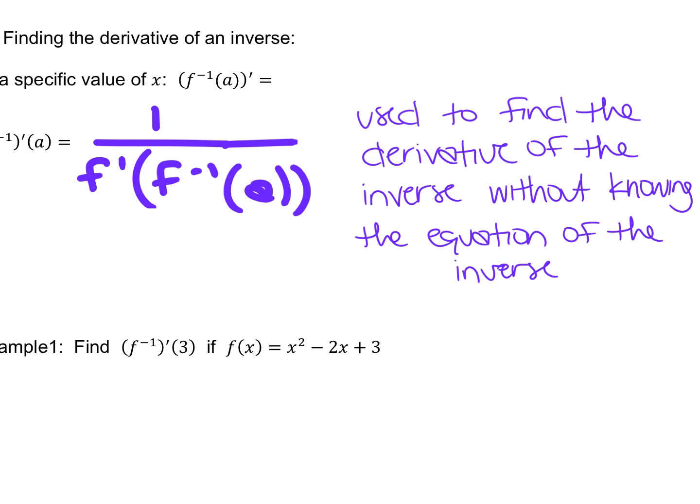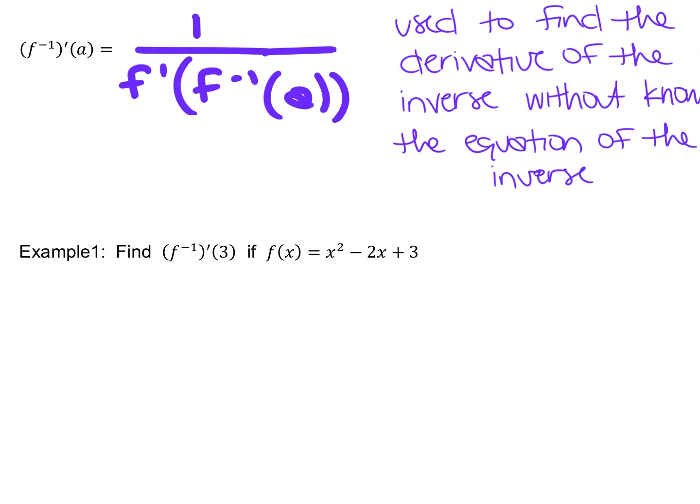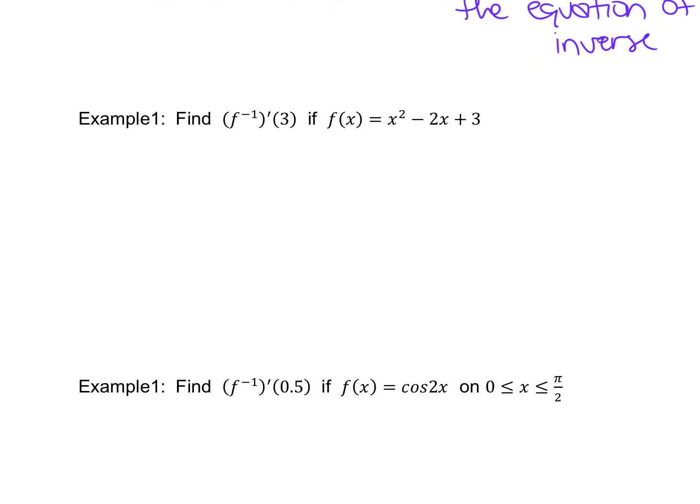Okay? So on a question like example 1 here, without that formula, I would have to start off by saying, okay, here's my equation. How do I find the inverse of that equation? First, I would find the inverse by doing what with your x's and y's?